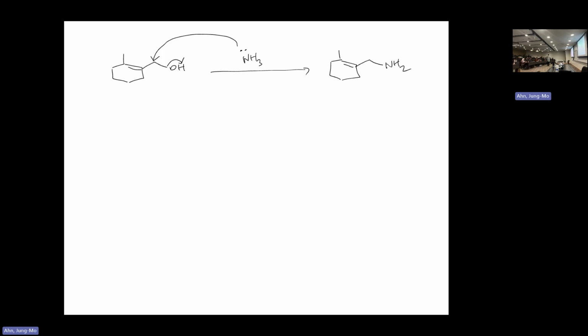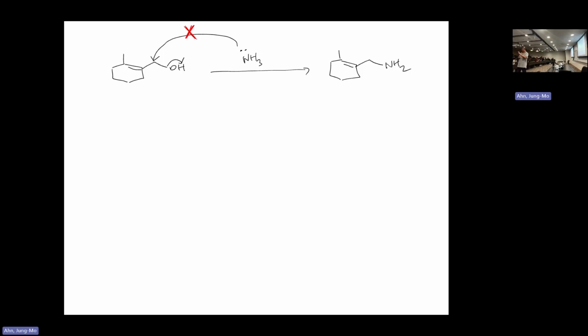And that is a reaction that we keep saying not to do, not because ammonia is not a nucleophile, but because hydroxide is a bad leaving group. It doesn't leave. So then how would you accomplish this?